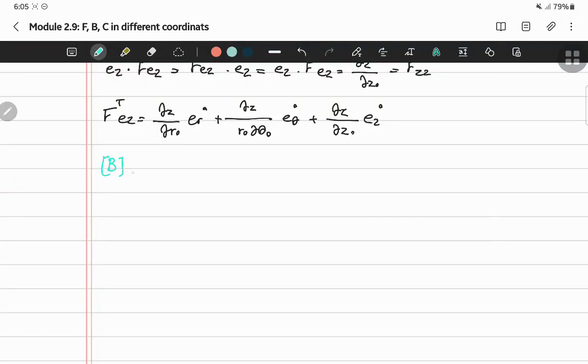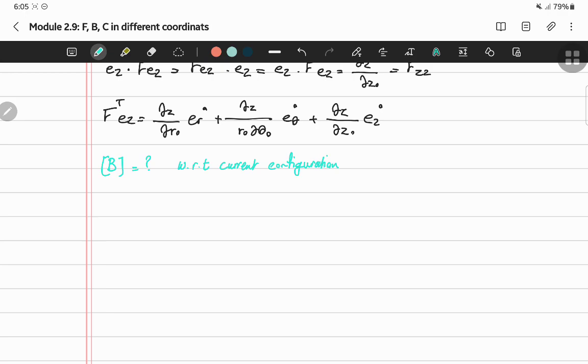So let's go for B, the left Cauchy strain tensor. And here the book actually found B with respect to the current configuration. But you can find it with respect to the reference configuration.